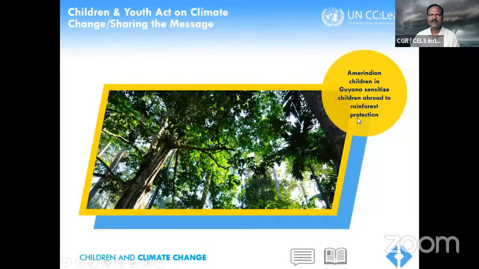Here are some more examples. So we are creating these earth centers in schools. Basically, these are a kind of biodiversity center, declaring an old tree as a mother tree in a school, and around that they will conserve the local biodiversity.